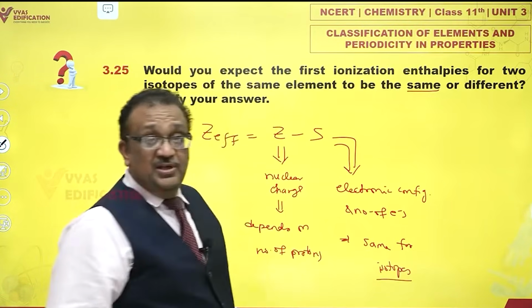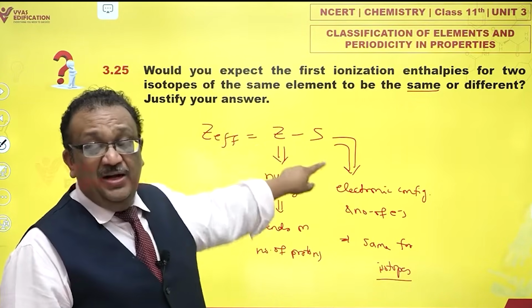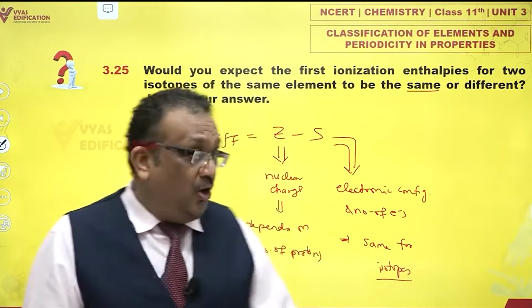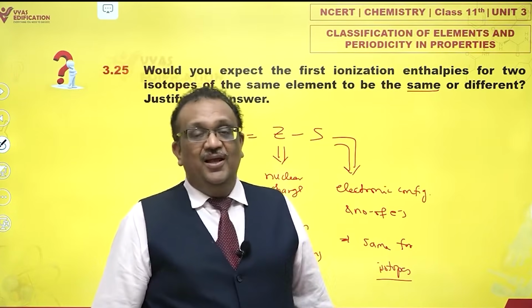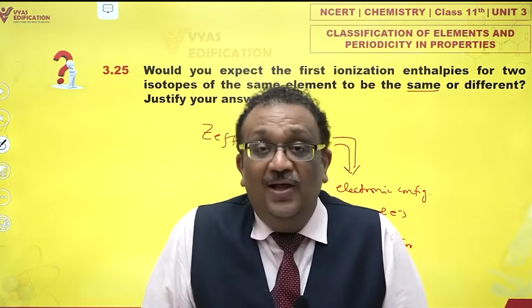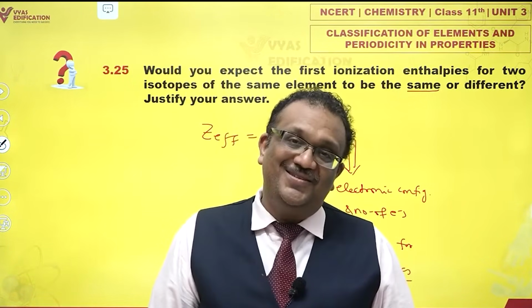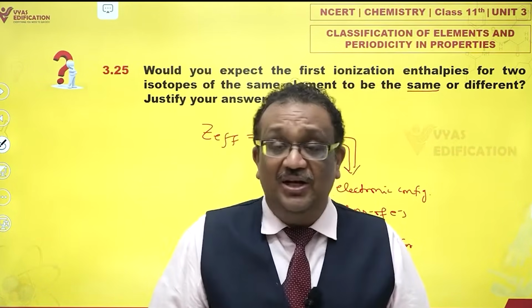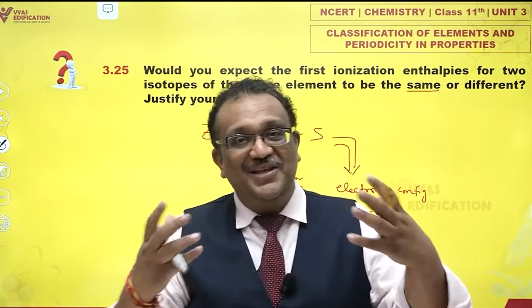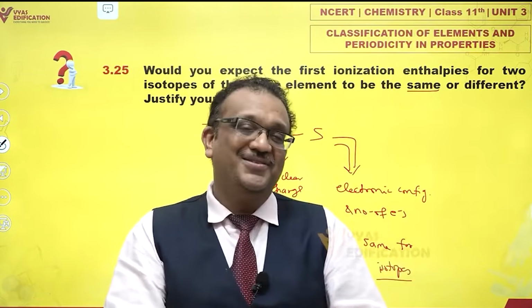For isotopes, atomic number is the same and screening constant is the same. So, effective nuclear charge also is the same. And if isotopes have the same effective nuclear charge, it means that they are attracting the outermost electron to the same extent, and that is why they have the same ionization energy.